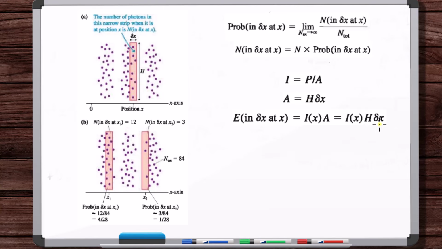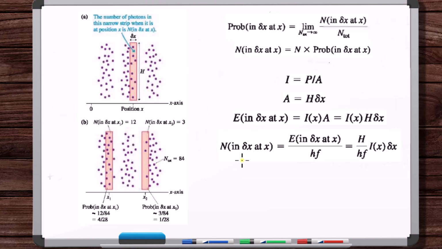Okay, now, from the photon perspective, this energy, E, is due to the arrival of a certain number of photons. And we know that each of these photons has an energy, Planck's constant times the frequency. So the number of photons that arrive in a certain strip each second is given by this. Because you take the total energy each second arriving at the strip and divide that by hf, the energy of a photon.